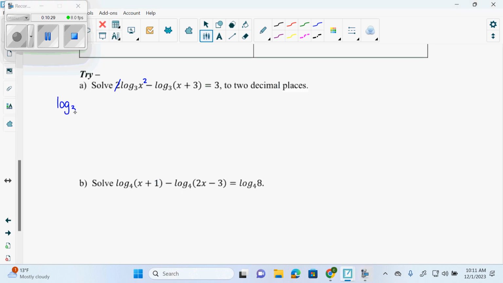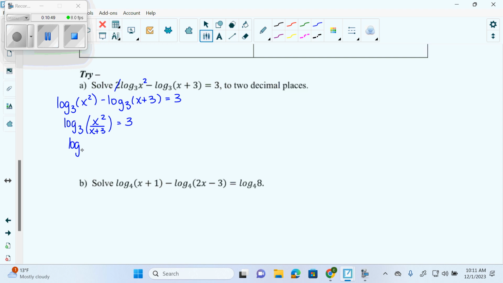Log base 3 of x squared minus log base 3 of x plus 3. So we get log base 3 of x squared over x plus 3 equals 3.